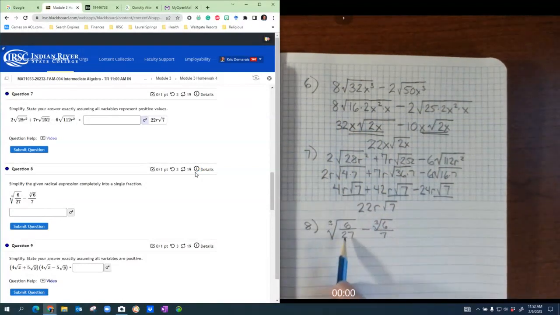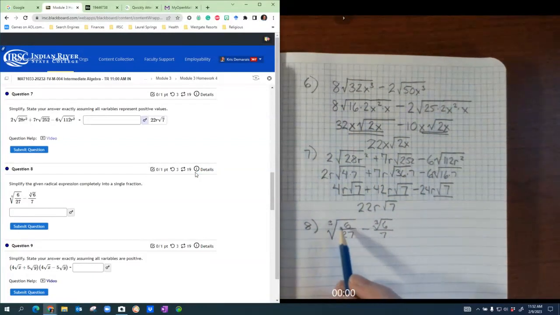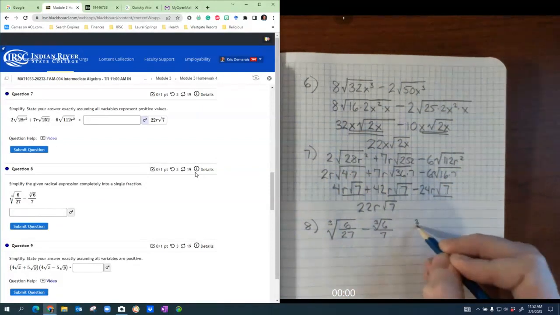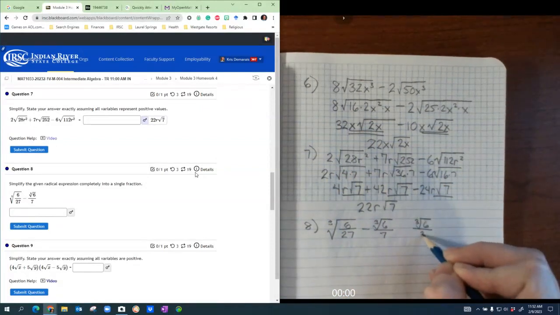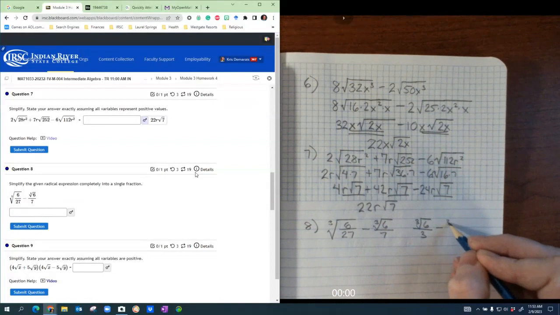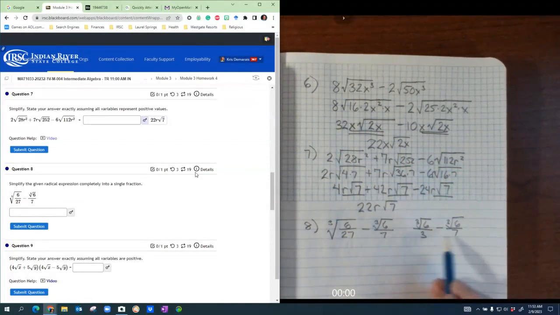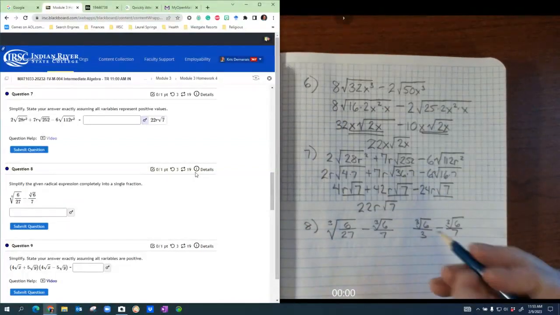All right. Now, when I look at this, I'm taking the cubic root. The cubic root of 27 is 3. So I can go ahead and get this. Now, I don't have common denominators, but I do have the same radical systems, so I need the common denominators to be the same. So 21.